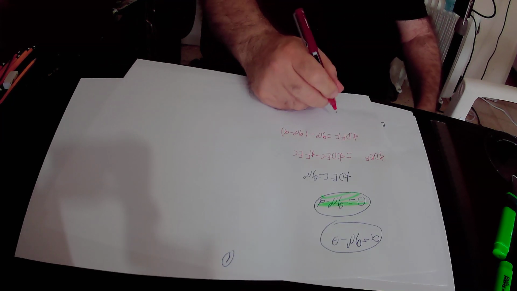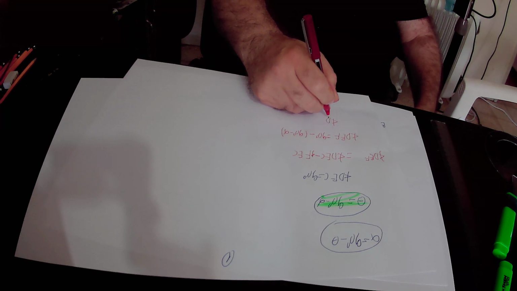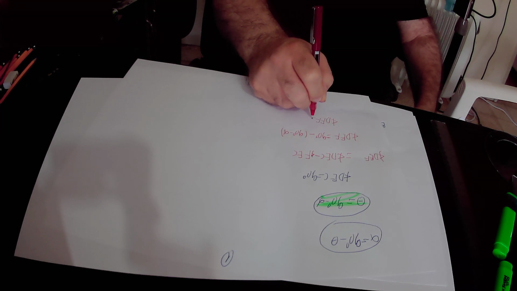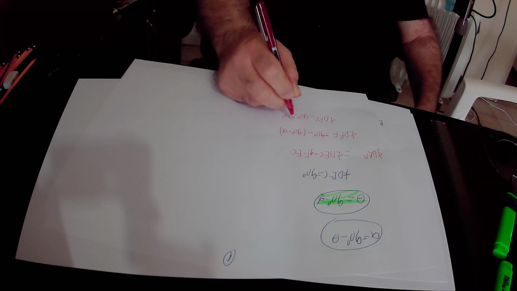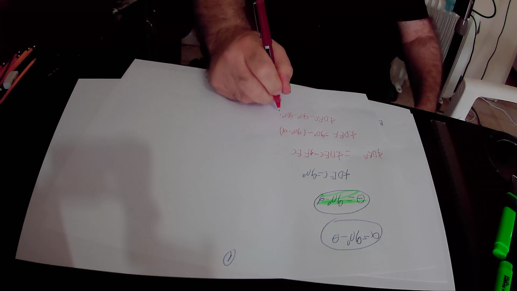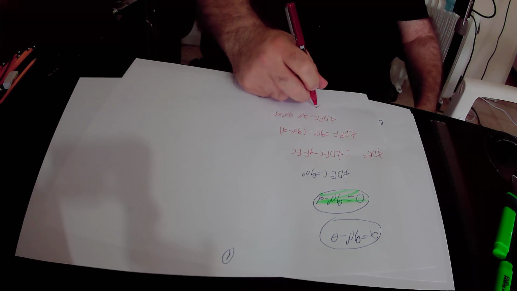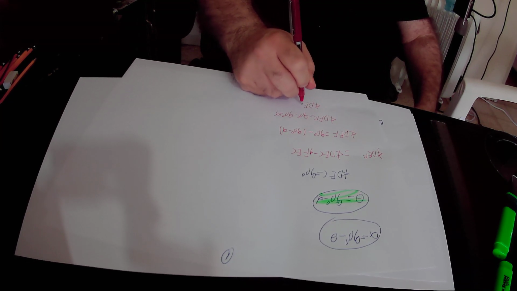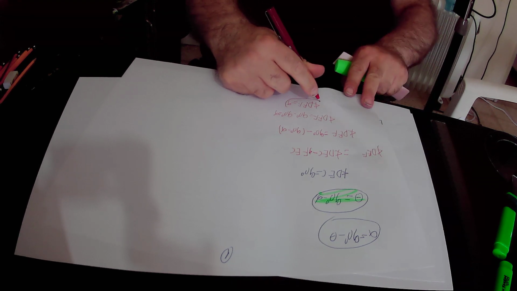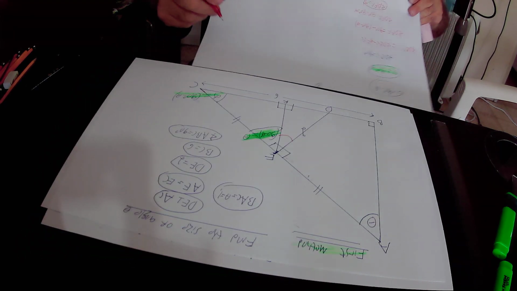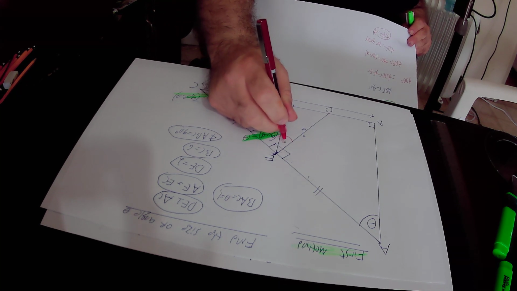So angle DEF, the missing angle, will be equal to 90 degrees minus 90 degrees, that is 0, minus alpha is plus alpha. We found out that the missing angle DEF equals alpha. Here this angle equals alpha.